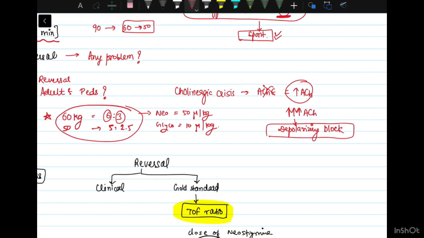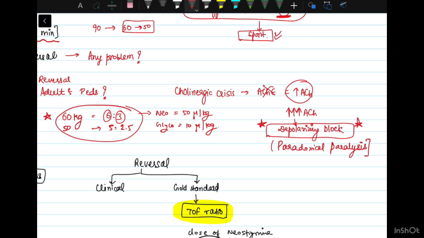This is the mechanism of action of succinylcholine because it repeatedly stimulates the motor end plate and that will make the receptors stay in a depolarized state, which will lead to paralysis of muscle. This is known as paradoxical paralysis. So remember, neostigmine should not be given in excess, should not be repeated too frequently.